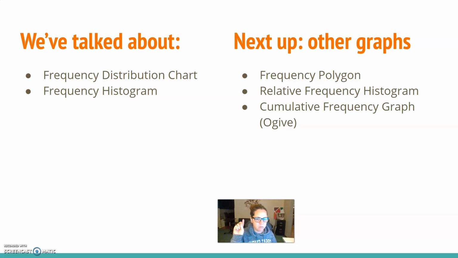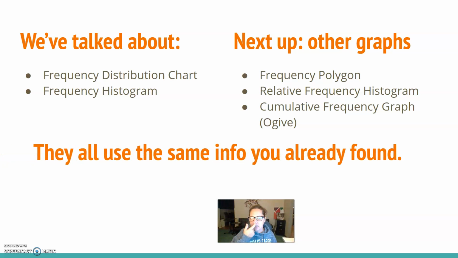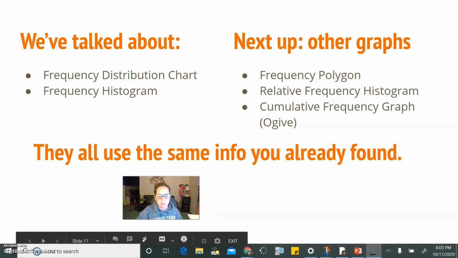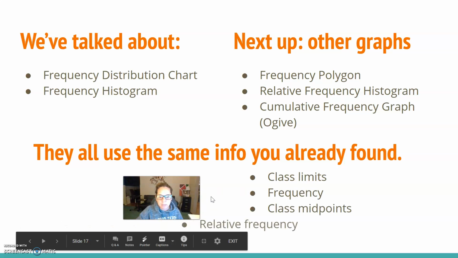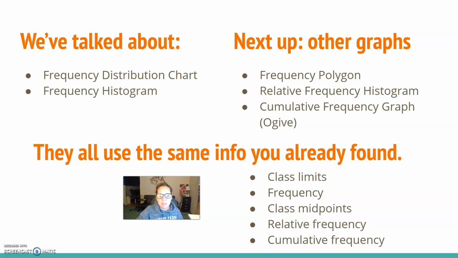They all use the same information that we already used to make our frequency distribution chart, that table we already made. All the information is already in there. The information we're going to be using is class limits, frequency, midpoints, relative frequency, and cumulative frequency.